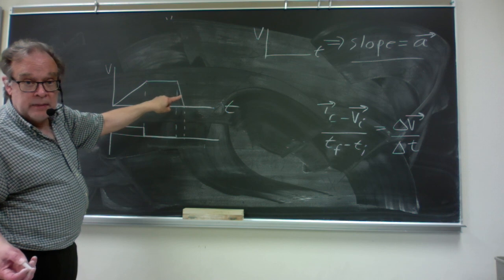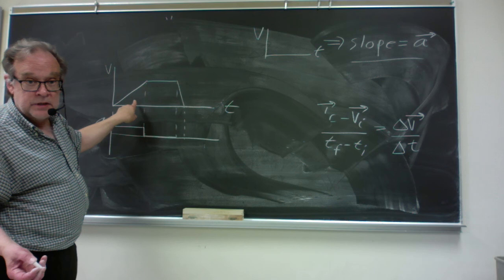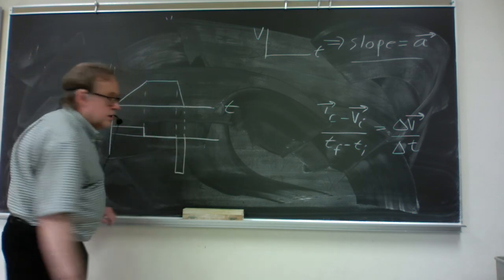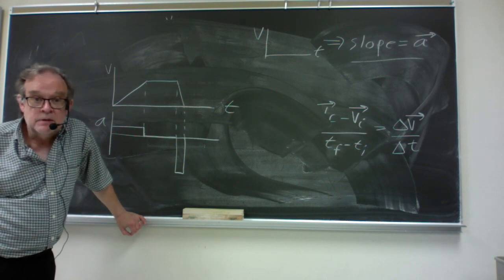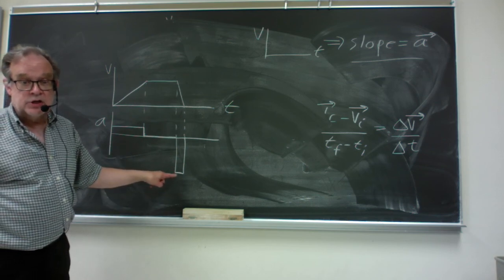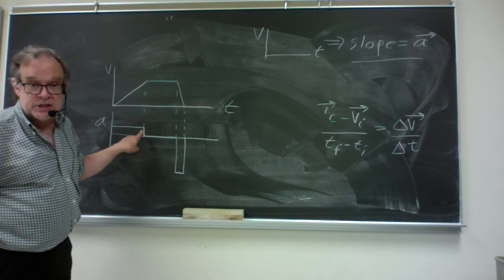So the magnitude or absolute value of this acceleration is bigger than this acceleration. So we would draw that last acceleration in something like that to indicate that the constant negative acceleration here is stronger, greater in magnitude than this acceleration.